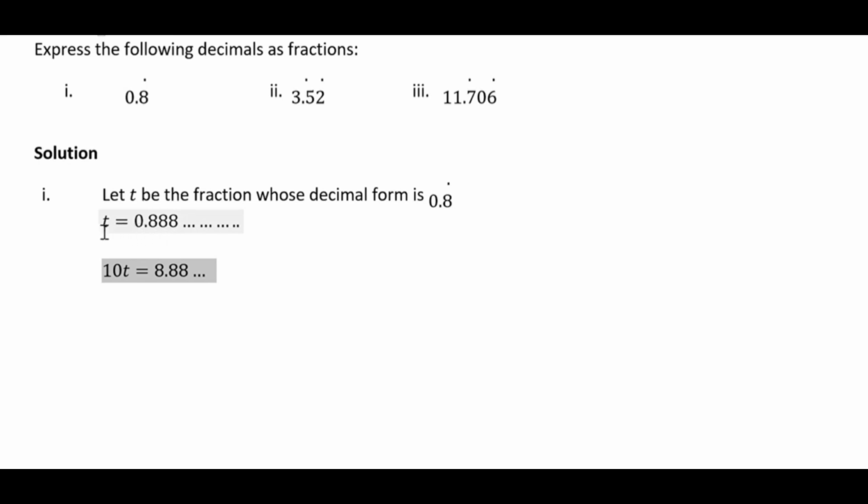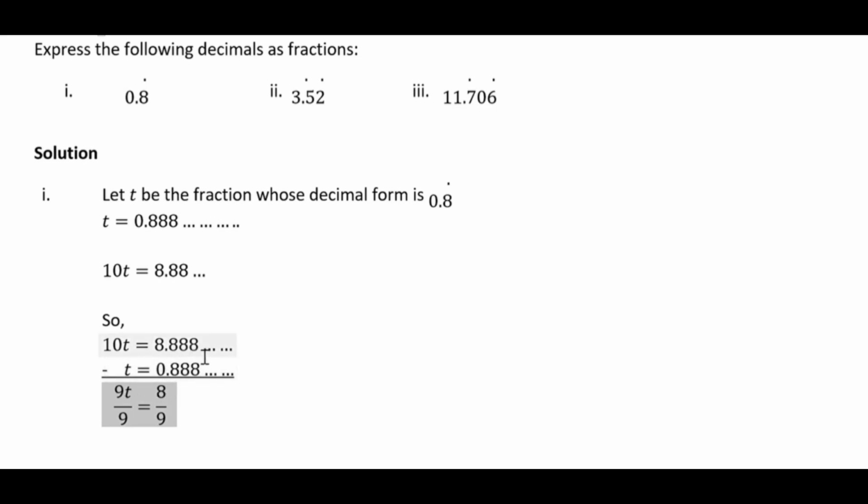The next step is to subtract the initial decimal that we have, this one here, subtract it from this. So we shall have 10t is equal to 8.888 minus this one. When you subtract, you get this giving you 9t is equal to 8, and these ones will cancel one another.